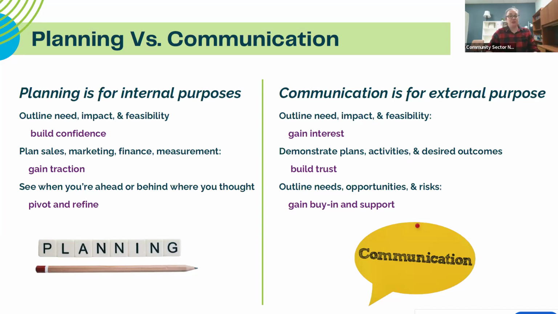Then you can use what you've discovered by conducting business to pivot and refine what's in the plan. You can gauge whether you are ahead of or behind your sales goals, ahead or behind in the development of your product or technology, and what you need to change in order to get where you want to be.